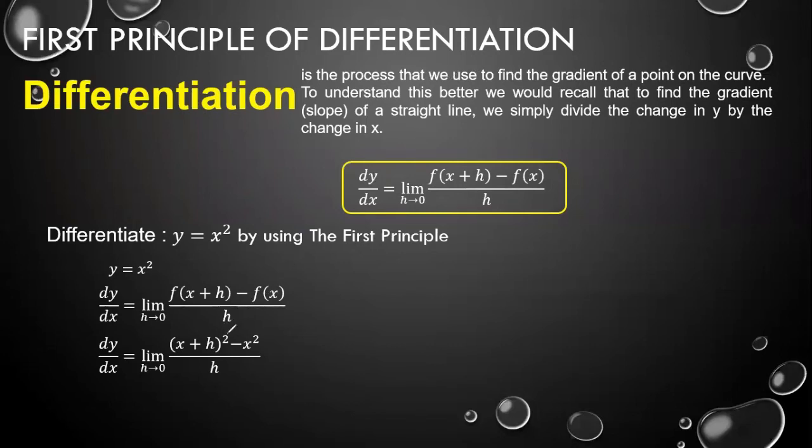Next, we will expand this one. You should remember (a plus b) squared equals a squared plus 2ab plus b squared. Do you still remember this formula? So (x plus h) squared will be x squared plus 2xh plus h squared.